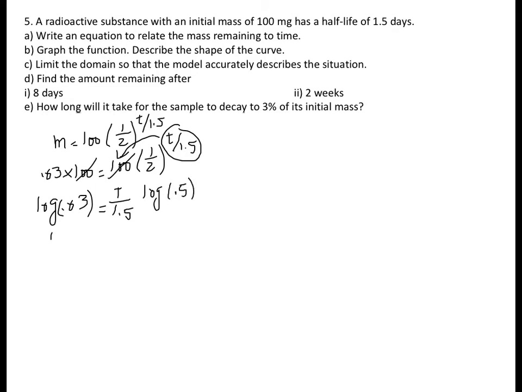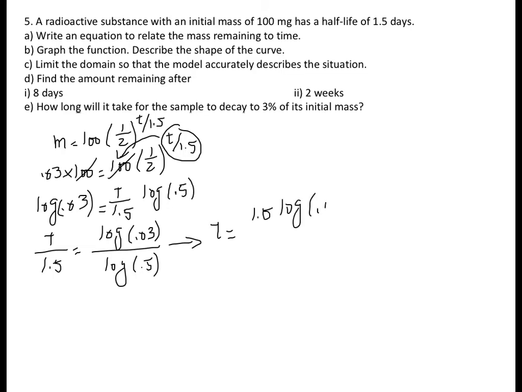So I get t over 1.5 is equal to log of 0.03 divided by log 0.5. Then I multiply both sides by 1.5. I get t is 1.5 times log of 0.03 divided by log of 0.5, which is approximately 7.6 days.